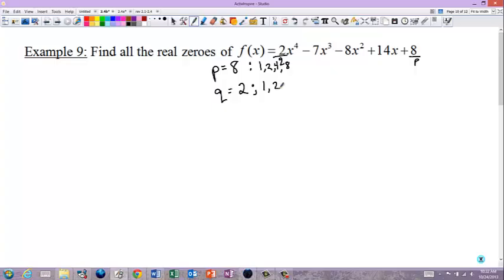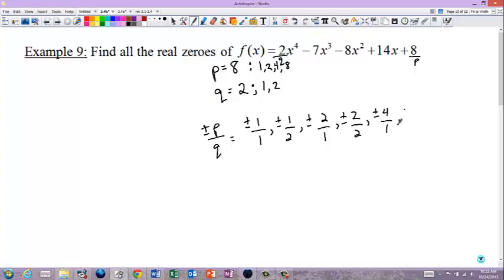So it's plus or minus P over Q. So it's plus or minus 1 over 1, plus or minus 1 over 2, plus or minus 2 over 1, plus or minus 2 over 2, plus or minus 4 over 1, plus or minus 4 over 2, plus or minus 8 over 1, plus or minus 8 over 2. Now some of these are repeated. So I could condense this list.